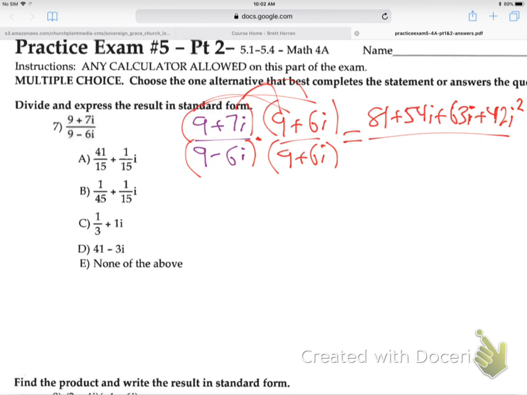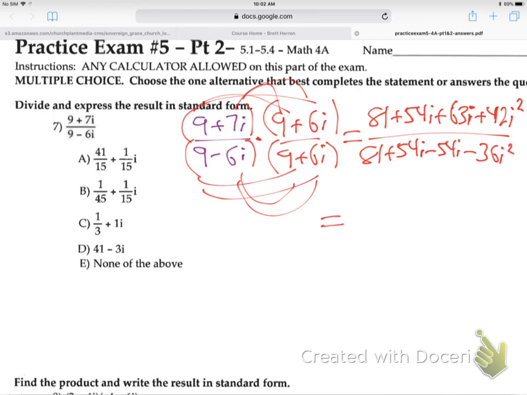On the bottom, FOIL it out. 81 plus 54i, boom, boom, minus 54i minus 36i squared. Let's keep going. 81. These two right here, 54 and 63, make 117i, I think. Yes. And then what do you do with 42i squared?